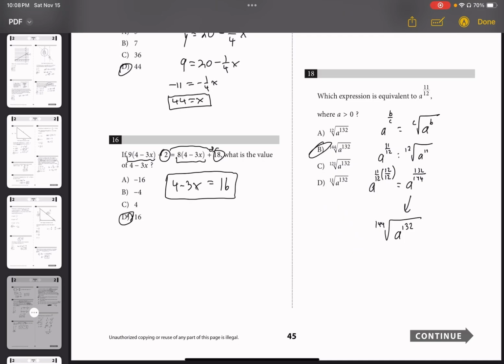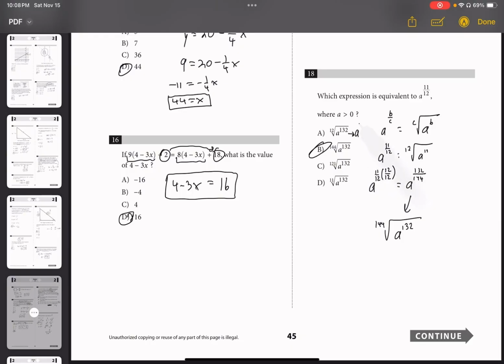So with these types of questions, just know you may have to manipulate the exponential power rather than just solving for it directly. And if you don't want to do it this way, we kind of did it backwards. You can also look at the answer choices and say to yourself which one's equivalent.